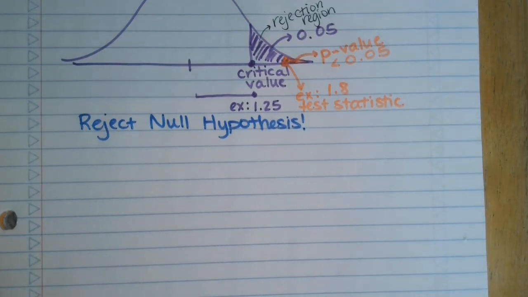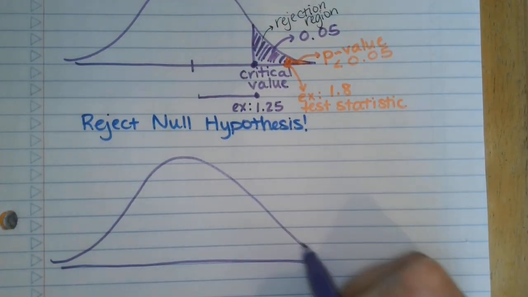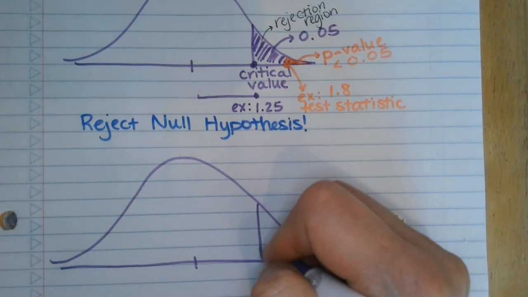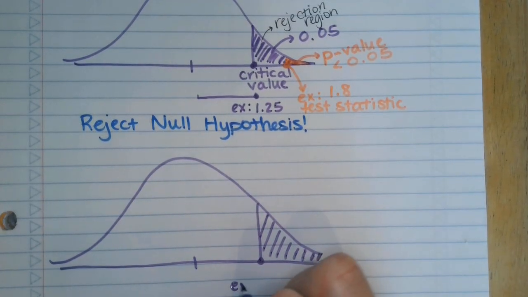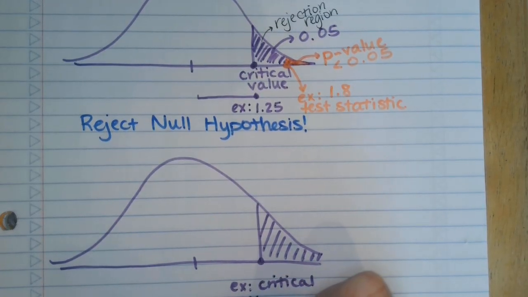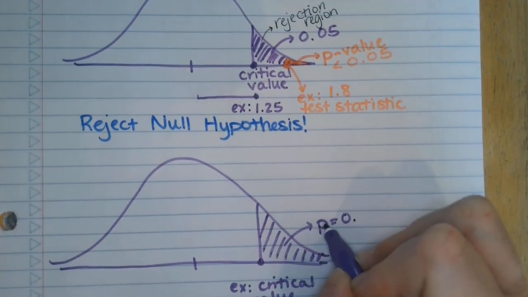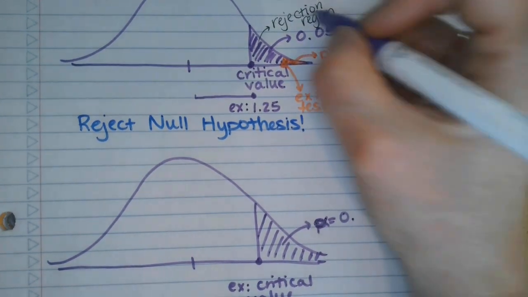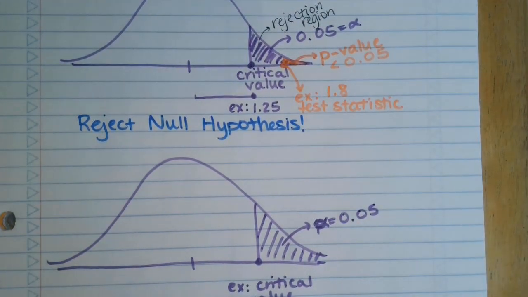Okay, now let's say we have another example where we have our distribution. We're going to say our same critical value and our same alpha. So let's say, again, it's an example, that the critical value is 1.25 and this alpha is 0.05.